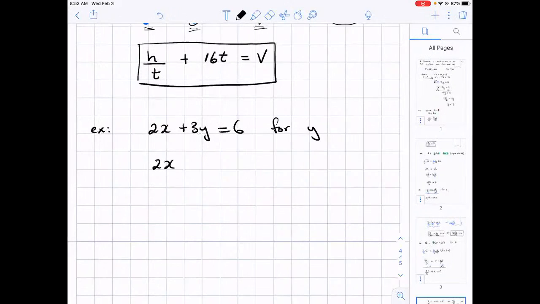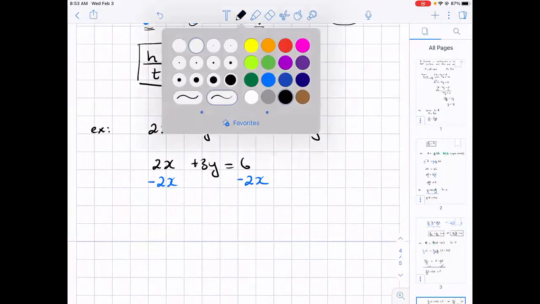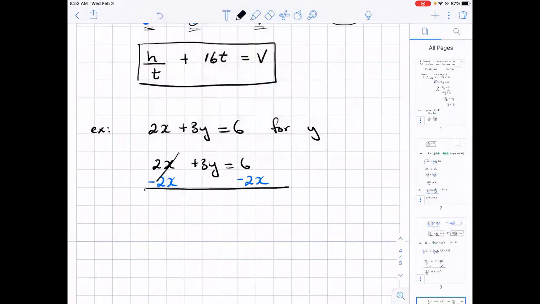So we'll take the 2x plus 3y equals 6, and we'll minus 2x on both sides. If we do that, this cancels out. We have 3y is equal to minus 2x plus 6. Okay?